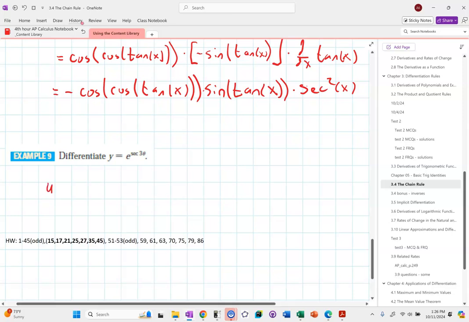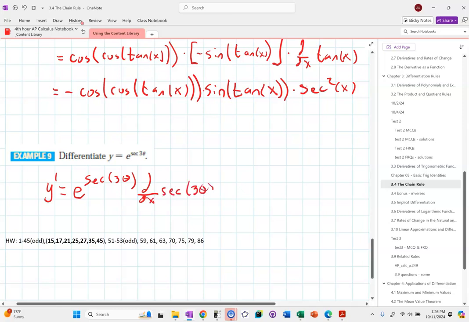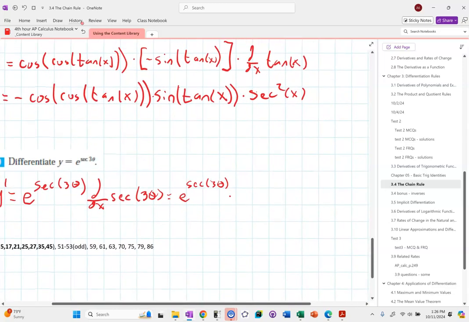Okay. So, derive the outside. It's just e to the inside. And then times the derivative of the inside. The derivative of secant is? Excellent.